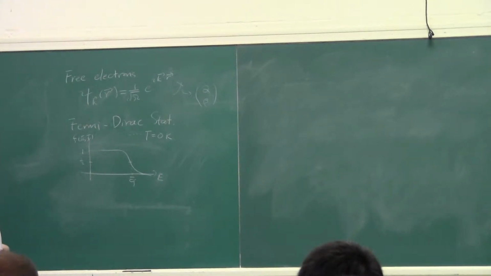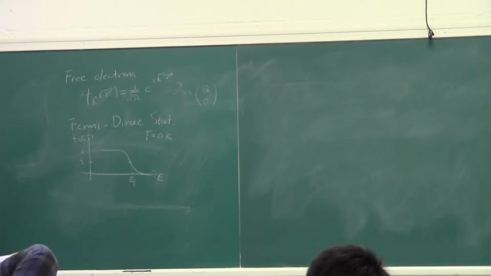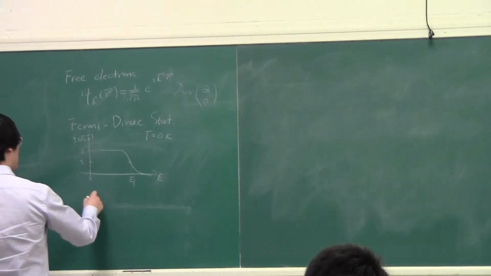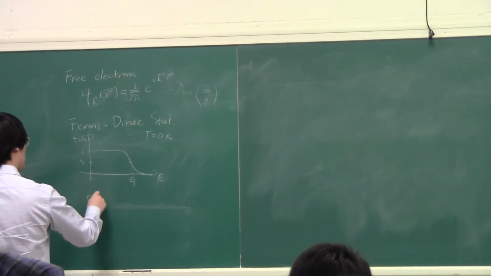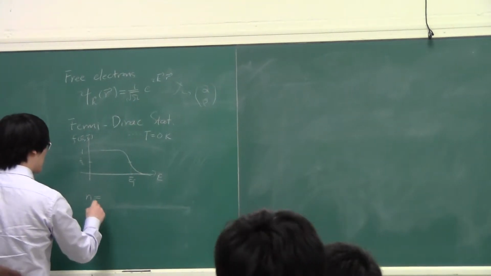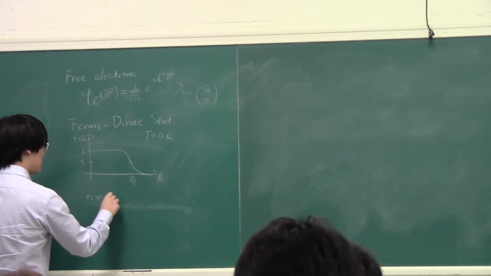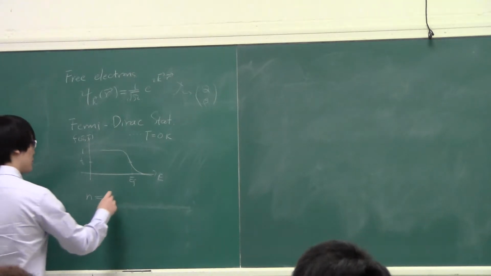So we can relate this Fermi energy to the total number of electrons per unit volume inside of the metal. Right? So that would be if I were to do some counting. So this number of electrons per unit volume, okay, this is equal to, in general, an integral. So there will be a factor of 2 coming from the spin degree of freedom, right?